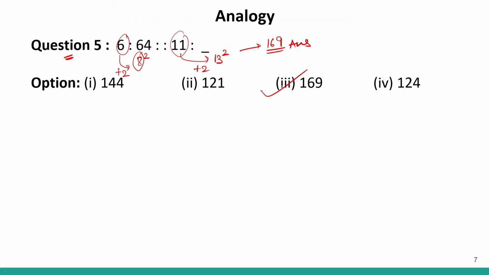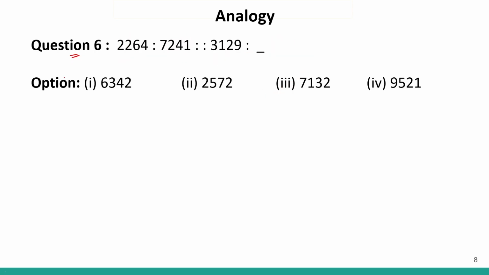Okay? Moving on to question number 6. We have 2264, 7241. So whenever we see big digits, we proceed by checking the difference or the sum. So if I check the difference or the sum of the digits, it will be 7241 minus 2264. So if I see over here, this will be 3, this will be 11, this will be 7.